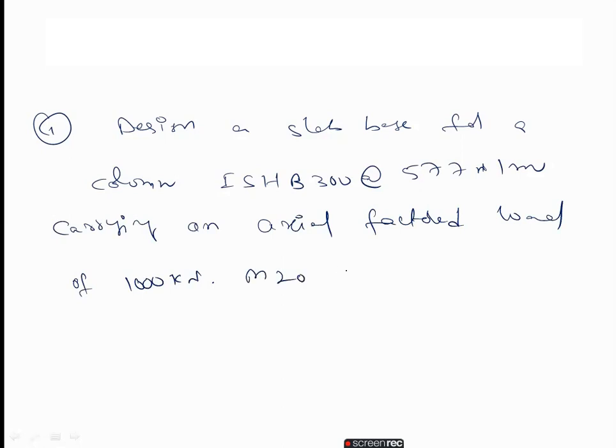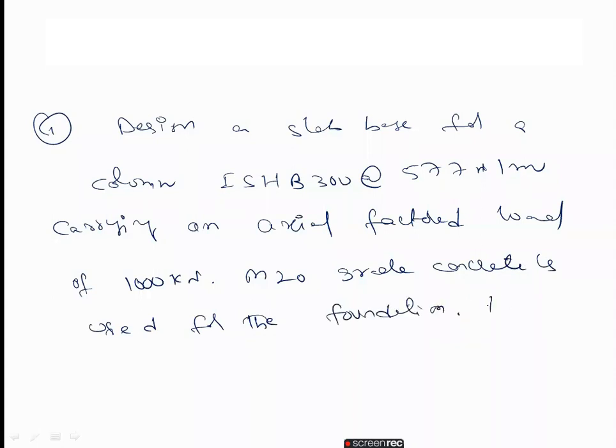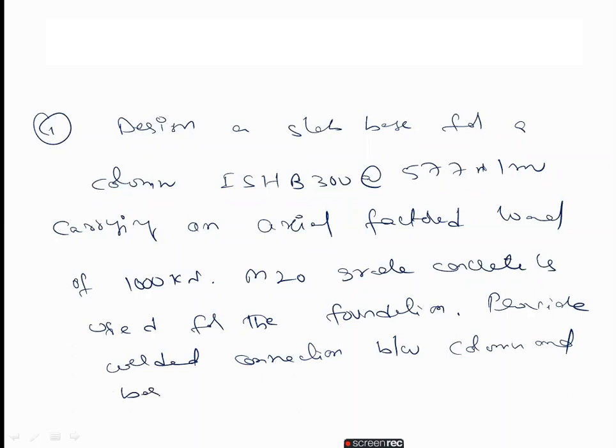Here we have to use M20 grade concrete for the foundation, and also provide a welded connection between column and base plate.